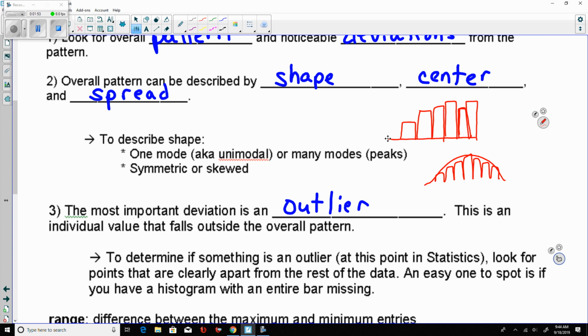It might be real small here and then get higher like this, or the other way as well, start out high like this and then get smaller like that. So this is skewed to the left, this is skewed to the right. This one here is just symmetric. You can kind of fold it in half over the middle.